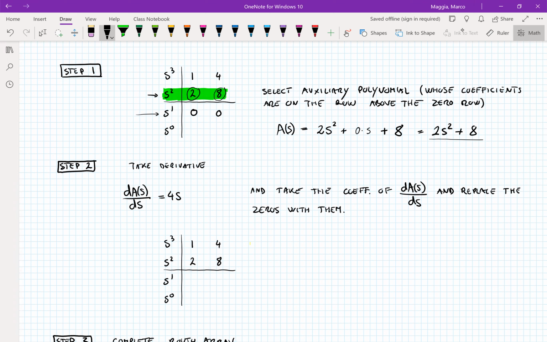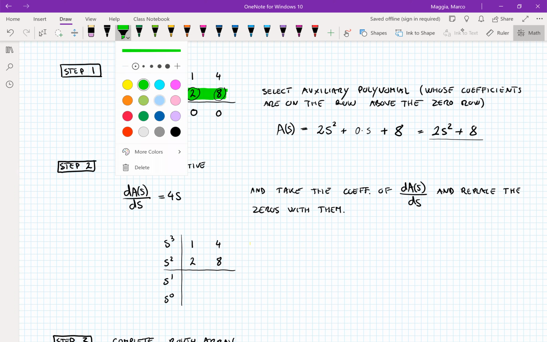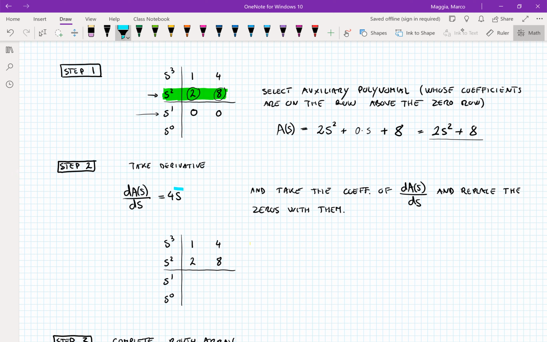And we replace the row full of zeros with the coefficients of such polynomial. Now, notice that we have 4S and we want to replace the coefficients of S. And so we have 4, and then we don't have anything else, so we simply have 0.